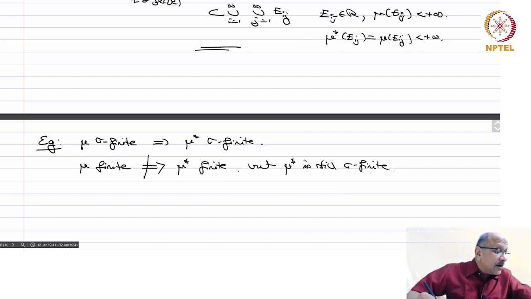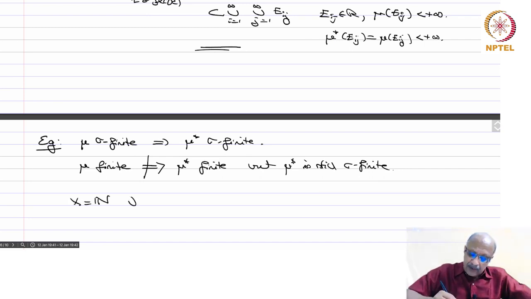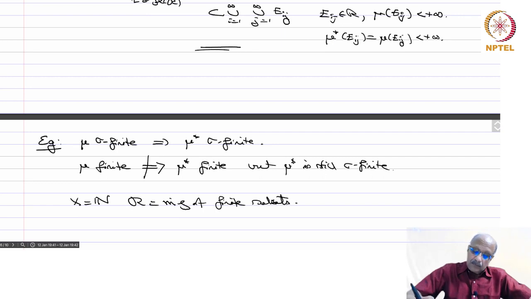So let us take X to be the natural numbers N, and R equals the ring of finite subsets. Then of course mu is finite. Mu is the counting measure.